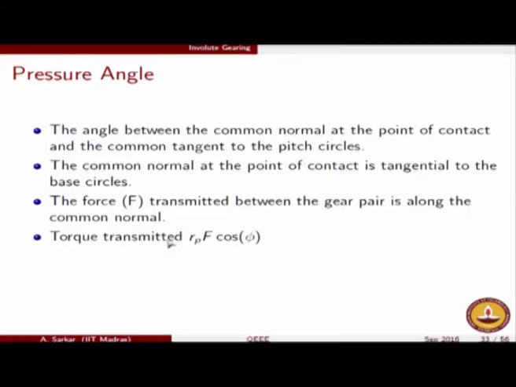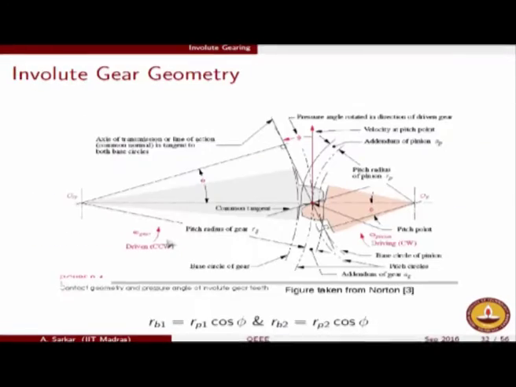But you will recall that what we are interested in is not the force, but the torque. If the force is getting transmitted along this direction, which is slightly slanted from the vertical, one component will come to the horizontal direction. The horizontal component of this slanting force is not useful in creating the torque.